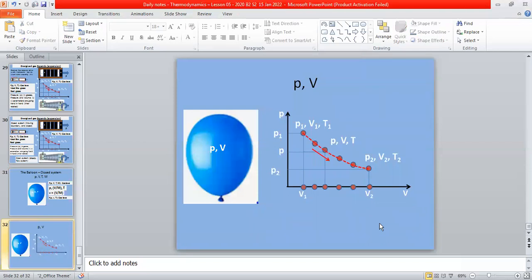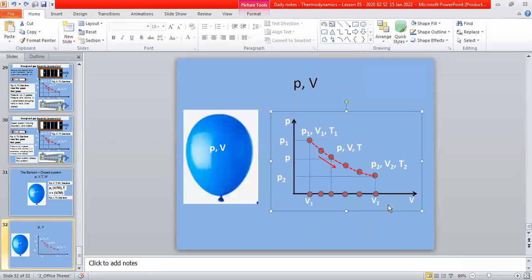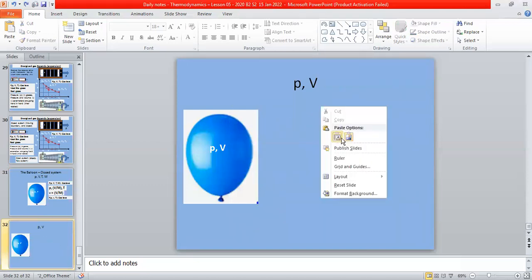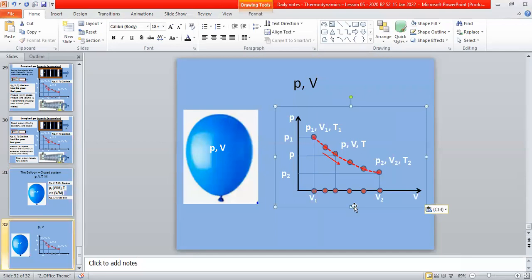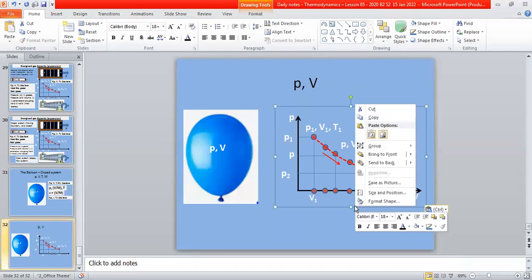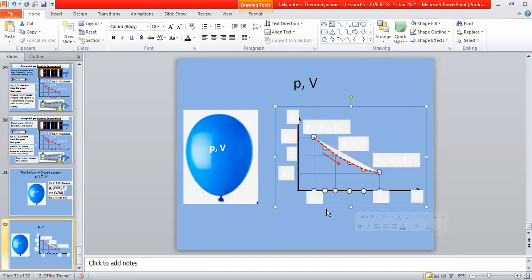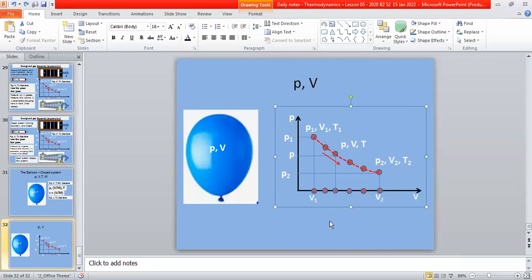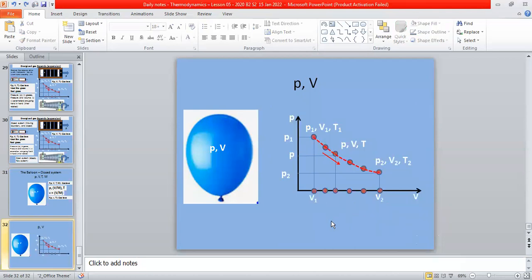The PV graph is very important because this shows the expansion.